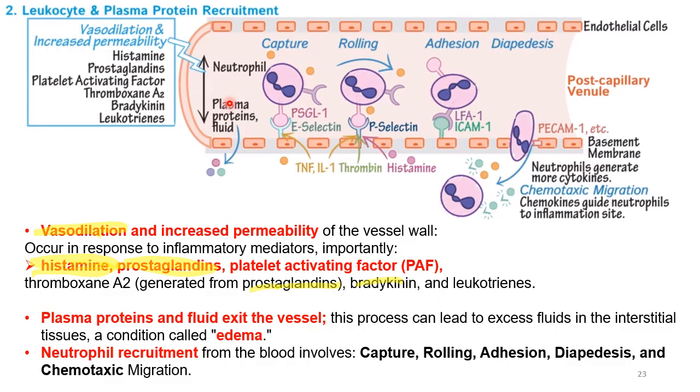But not red blood cells unless the blood vessel is actually damaged, right? So let's say this blood vessel is not really damaged. So you have increased diameter and increased permeability. Okay, so what is going to happen now? The same molecules that did that to the blood vessel, they are going to start increasing the production of those selectins.